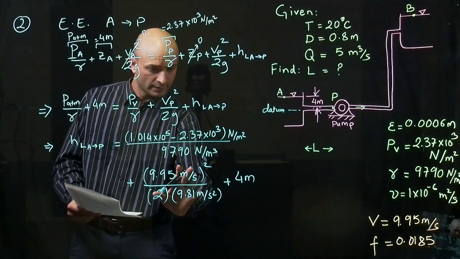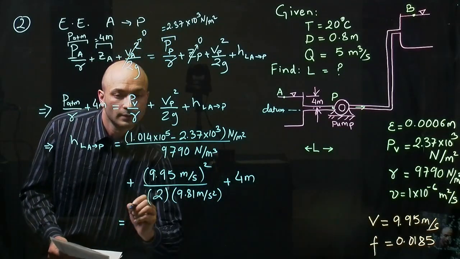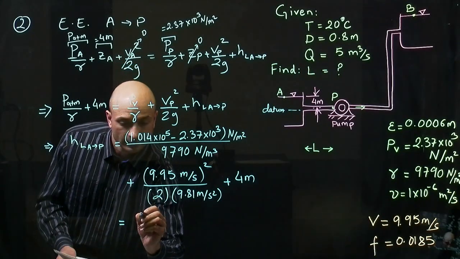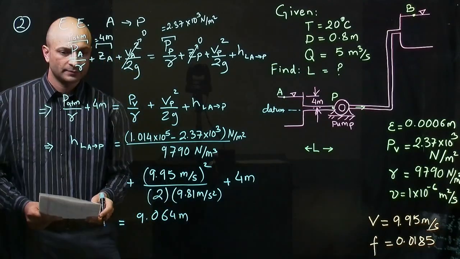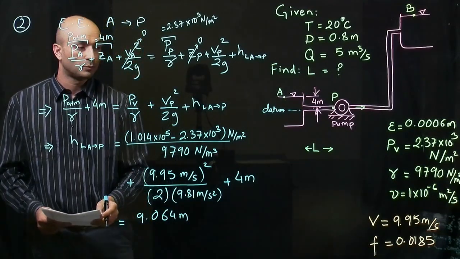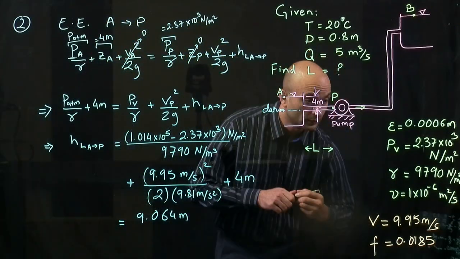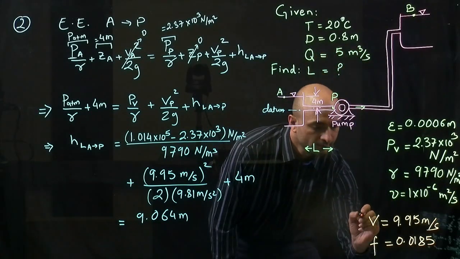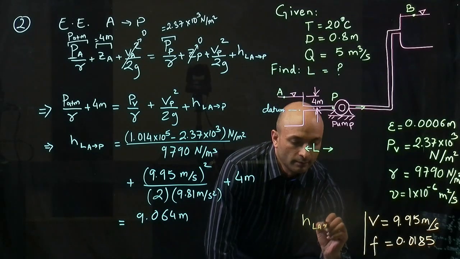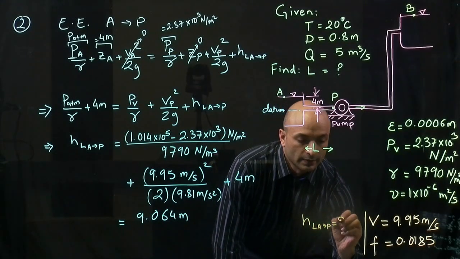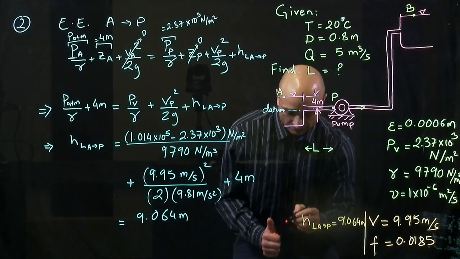So everything is known here, and you can calculate the total on the right hand side, 9.064 meters. So that's your head loss going from point A to point P.